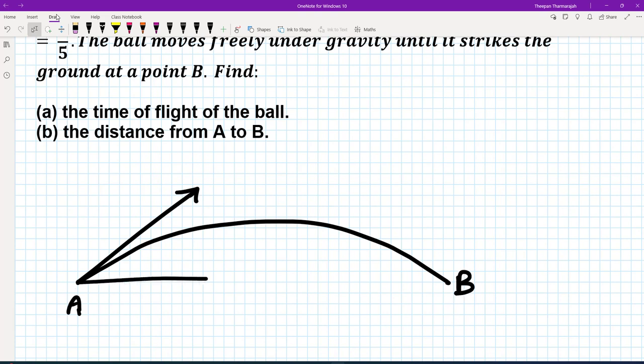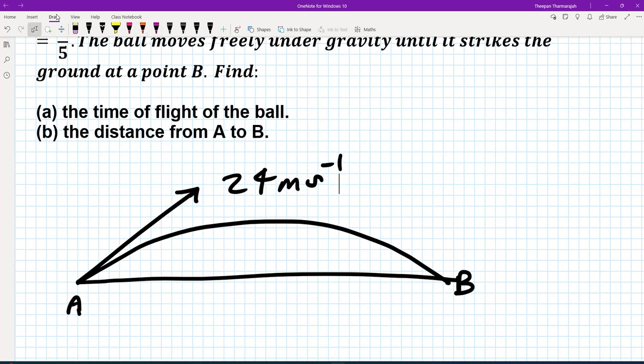So we can draw in our horizontal distance here, and we know that it's projected with a speed of 24 meters per second at an angle of theta. Let's resolve our velocity component horizontally and vertically. So that's 24 cos theta, and 24 sine theta.